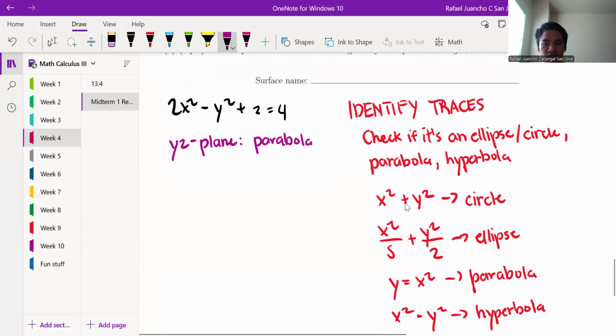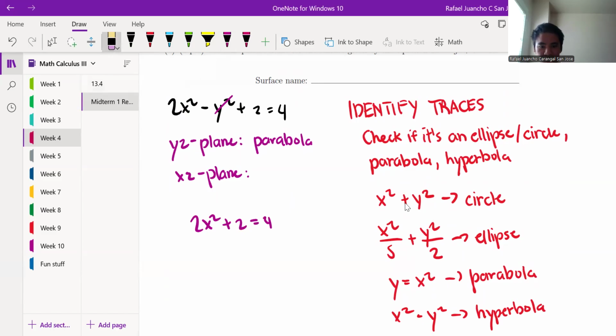Now let's look at when we take out our y. Now the trace is going to be in the xz plane. And so what in the world does this look like? Well, we have 2x squared plus z equals 4. Oh, it's a parabola again.